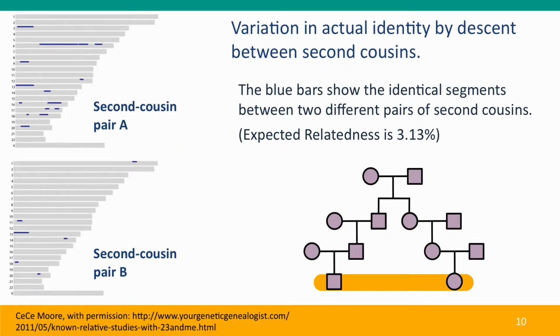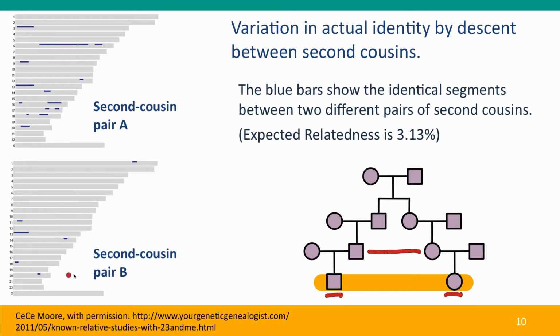Now, here's a pair of comparisons showing the actual identity by descent, this time not between cousins, but between second cousins. These are individuals whose parents were cousins. And what's striking about these two examples is how different they are. The pair A of second cousins has quite a few segments of identity, and they're fairly long.